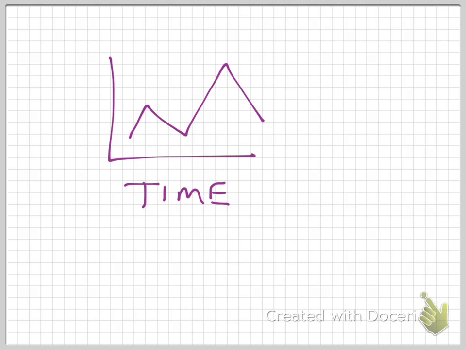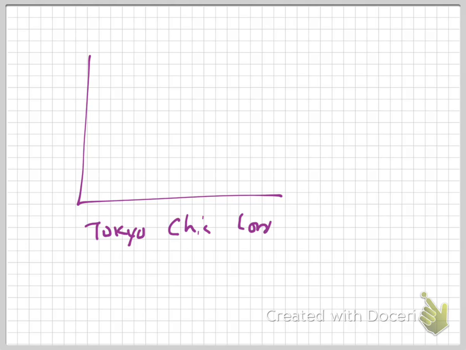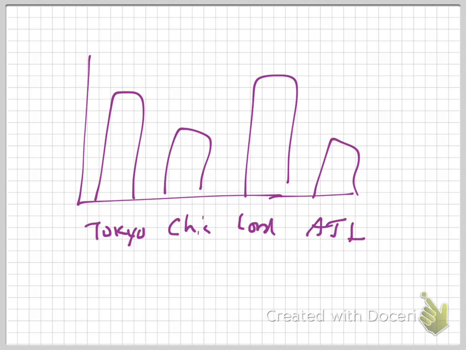Since we're comparing the airports, can you see Tokyo, Chicago, London, Atlanta, etc.? And all of a sudden you go whoop, whoop, whoop, whoop. You'd like to be able to see that, right? That's where a bar graph comes in, when you're comparing things so that people can see, ooh, who's winning, who's doing better, just a visual of what people can see. Does that make sense? Yes? Okay.